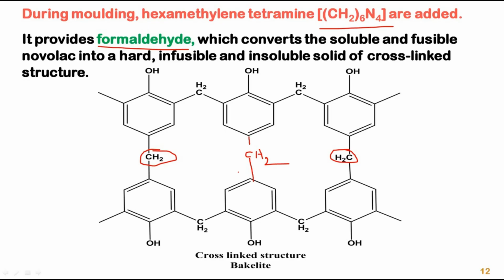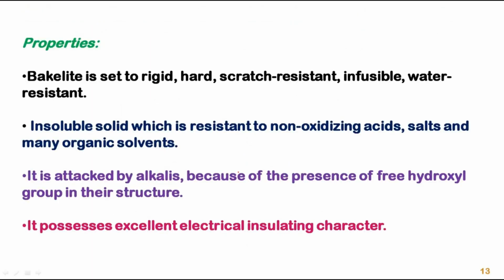Now it becomes a thermoset polymer, and its properties: it is said to be hard, scratch resistant, infusible, and a water resistant substance, and it is also resistant to non-oxidizing acids, salts and many organic solvents, but it is attacked by alkalis because of the presence of the hydroxy group on the phenol.